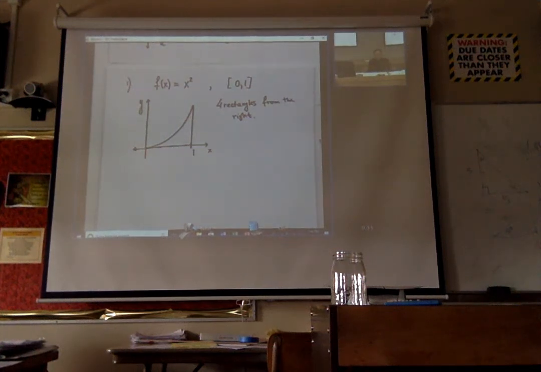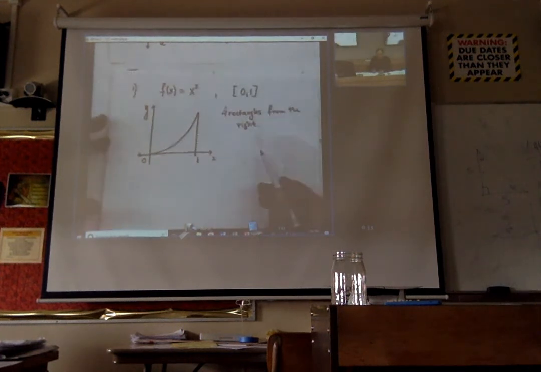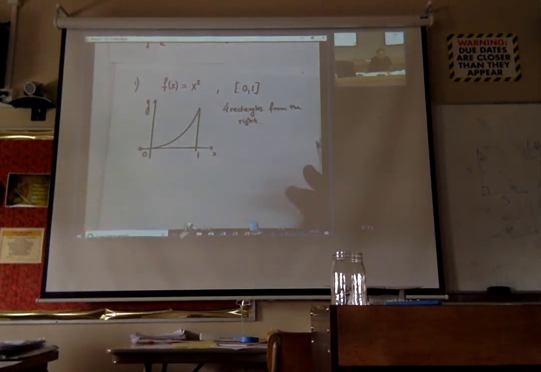So before we do this, you have to split this interval into 4 pieces, right? Because we said 4 rectangles. And normally how we do this, we measure the length of the segment, right? And divide by what? 4, right? So that means you'll have 4 equal parts.